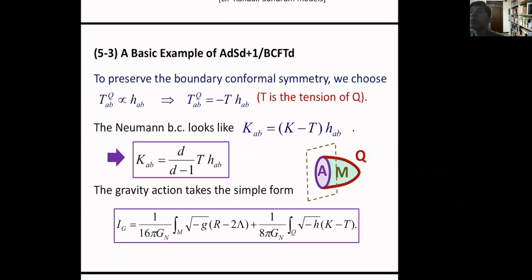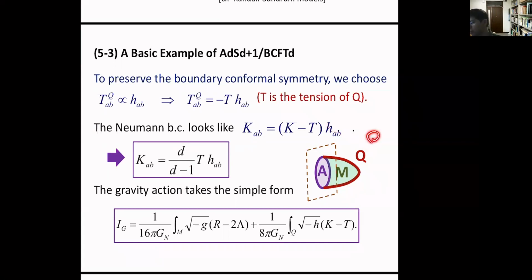I just noted one question. The matter theory defined on Q, as Q extends along the bulk. What energy scale does the matter theory have? What does it look like? Yeah, so you can just regard this matter theory on Q as the same as matter fields in the bulk. Right?